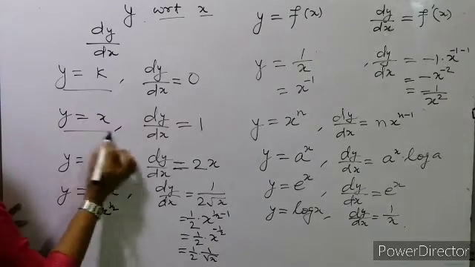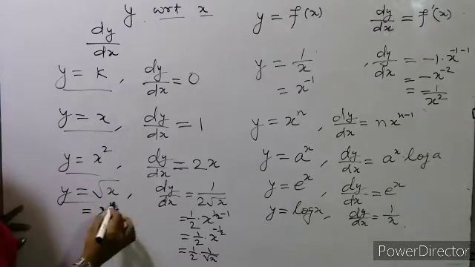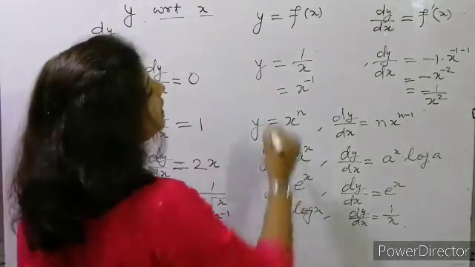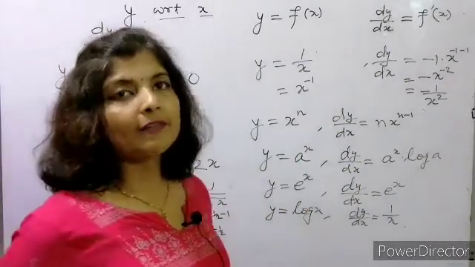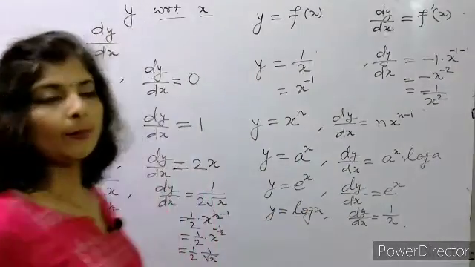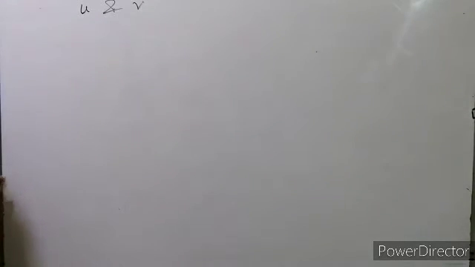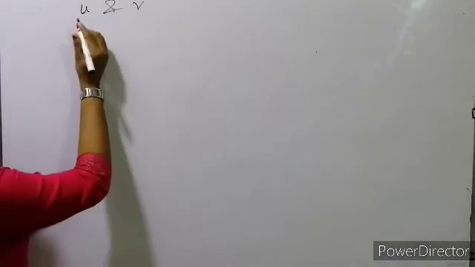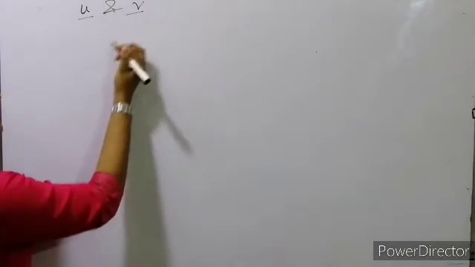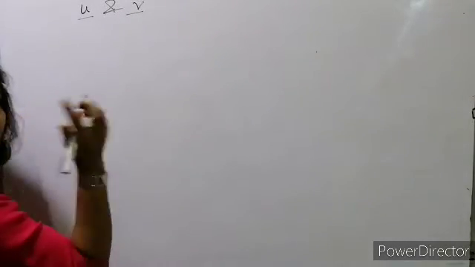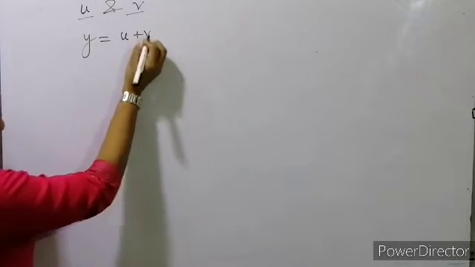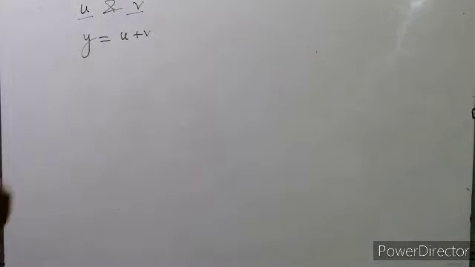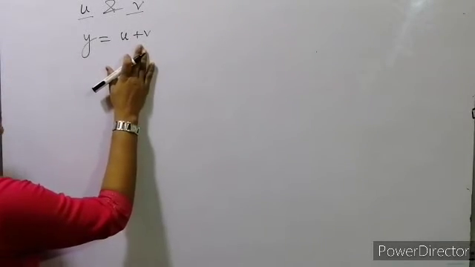These are some functions. If the value of y is something, then what will be the value of the derivative of y with respect to x? Suppose u and v are some differentiable functions of x, and the value of y is given as u plus v.